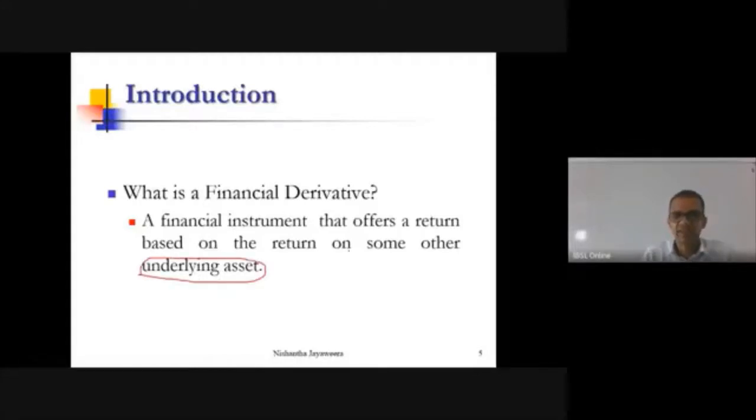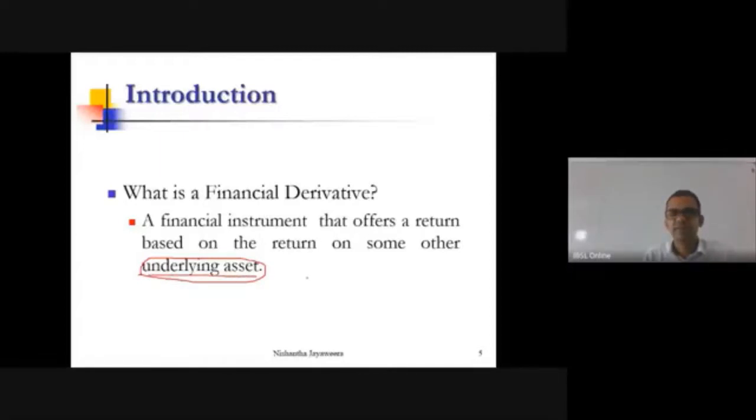There can be derivative transactions based on weather as well. What is the rainfall? What is the temperature? What is the snowfall? What is the wind power? Things like that. But here we are not going to focus on those underlyings, but we are going to focus on underlying assets.